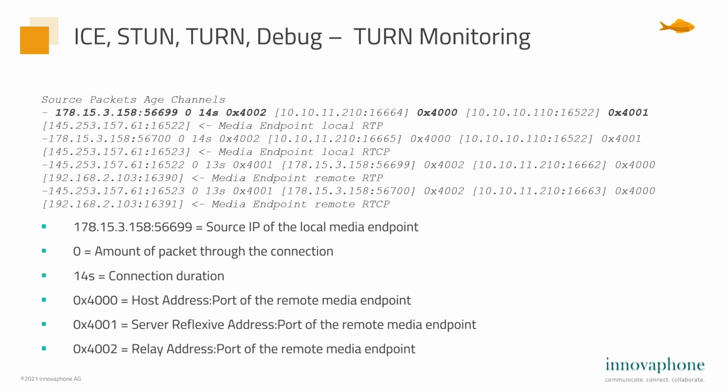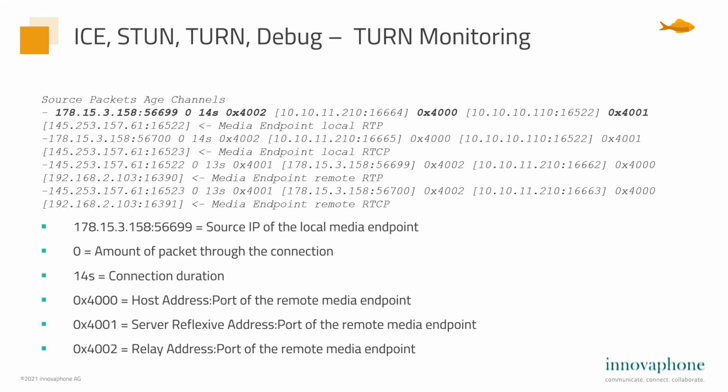The 0 is the amount of packets going through this connection. Then the 40 seconds is the connection duration. And the numbers 4000, 4001 and 2 are meant to identify the different IP information: from the remote media endpoint, from the host, from the server reflective, from the relay address, etc.